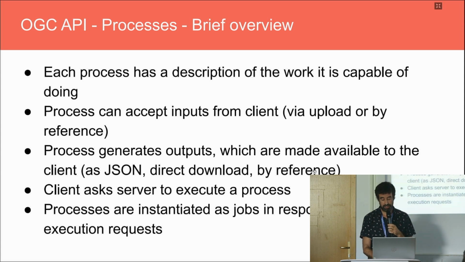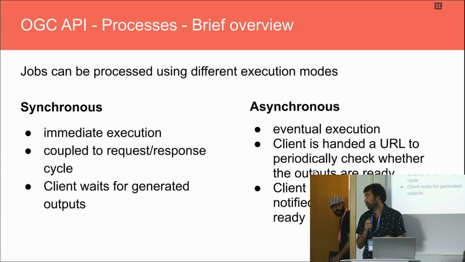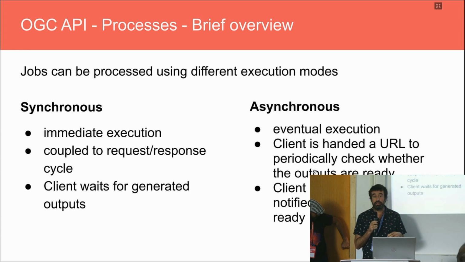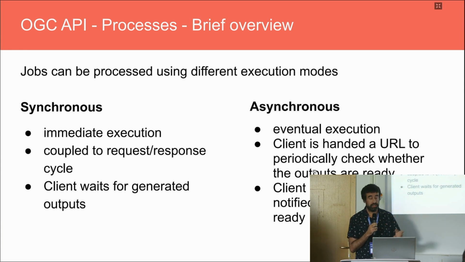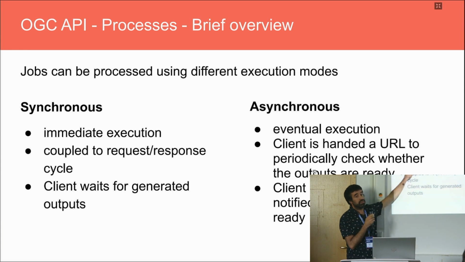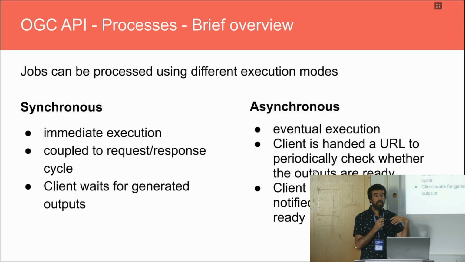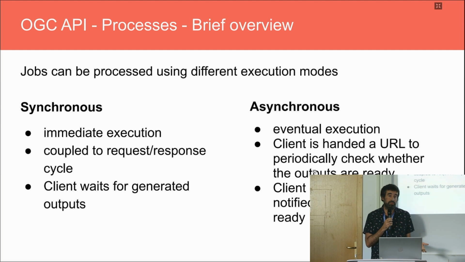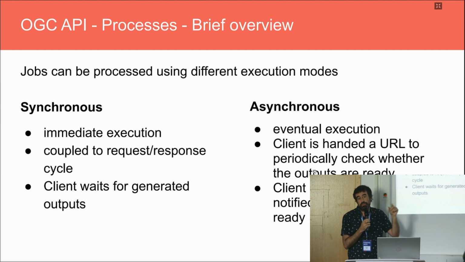The processing itself can be done either synchronously or asynchronously, depending on the capabilities of the server and also on the process. Synchronous means that the generated results will be coupled with the HTTP request-response cycle, so potentially it will block the client. Typically this is used for very lightweight processes.